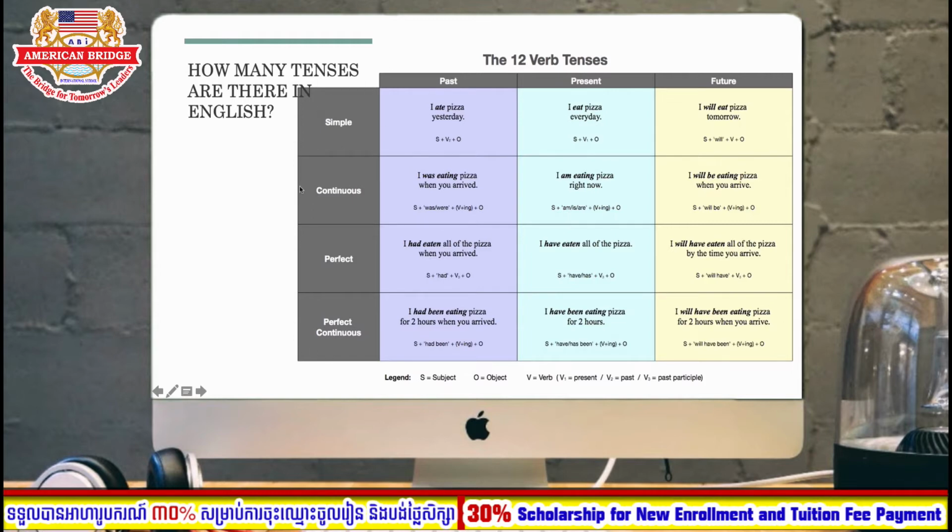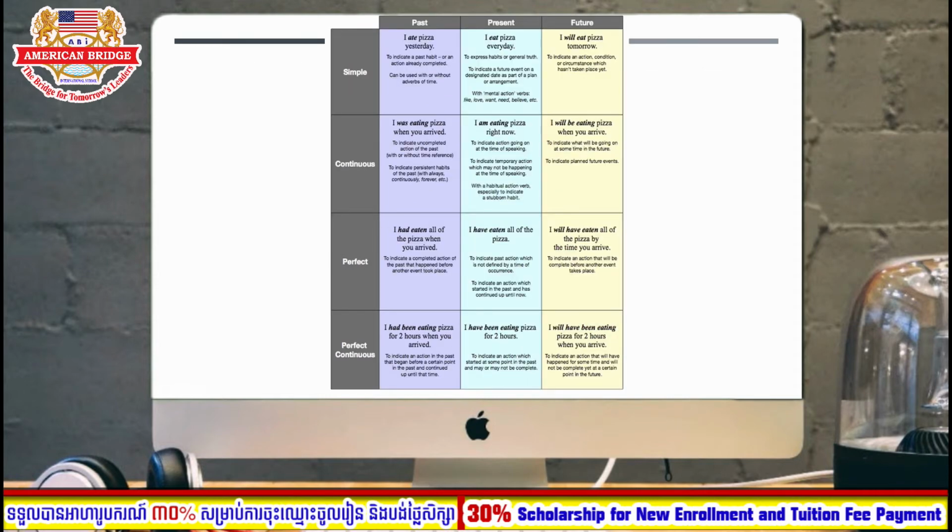So what is the difference between time and aspects? And how can understanding the time and aspects help you identify the form and the usage of those 12 English tenses correctly? Okay, so if you look at the usage right here, each tense has its own unique usage. Okay, so there are a lot of them to remember.